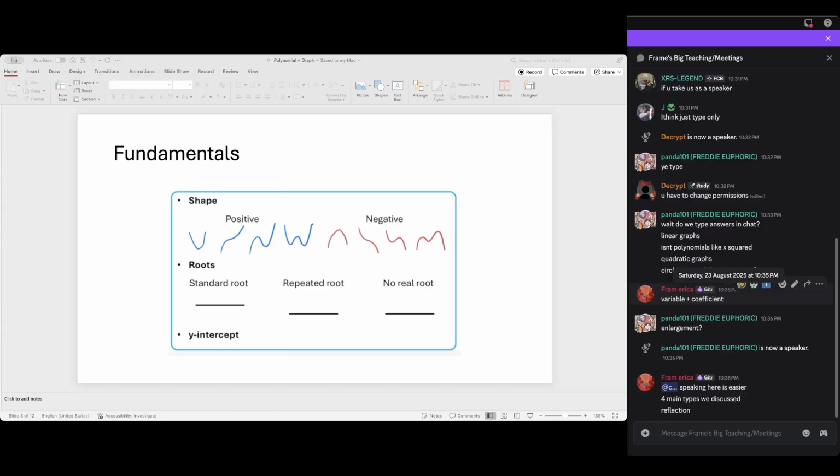Wait, what does it mean by fundamentals? This is just the stuff that you should be revising as your fundamentals before you start with the graphs and transformations and other things in the A level and the questions, because if you forget this stuff in the middle of an examination, it's going to be very difficult.